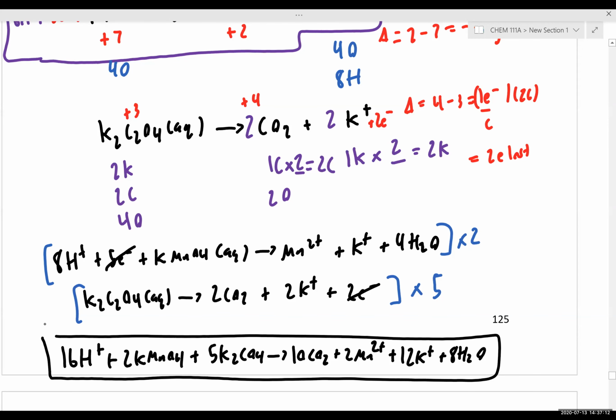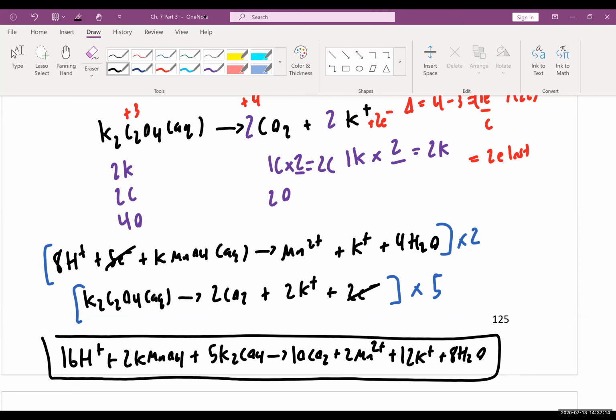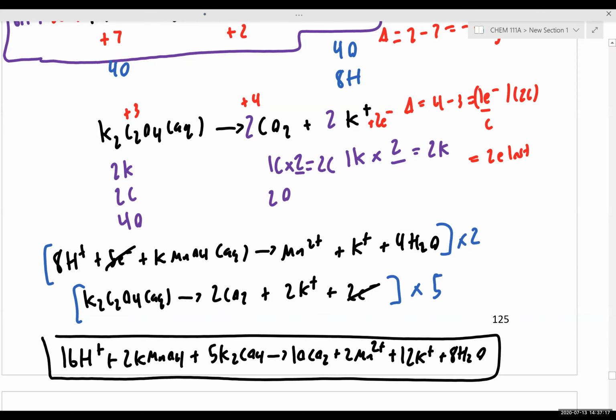Now, here's something really important. If you're only going to use this chemical equation to relate the quantities of your oxidizing and reducing agent, and you're good at counting electrons, this set of numbers used to get the common number of electrons is a proxy for your mole to mole ratio of your two oxidizing and reducing agents.